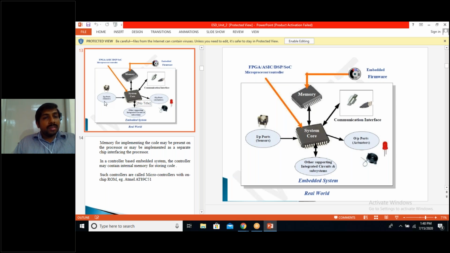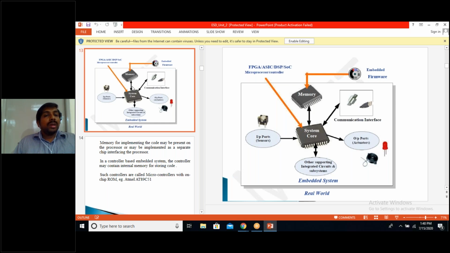Input ports are generally sensors, and the processor is connected to memory, and the memory connection is bidirectional because based upon the operations it is doing, it may require to suspend one operation and act on another operation.